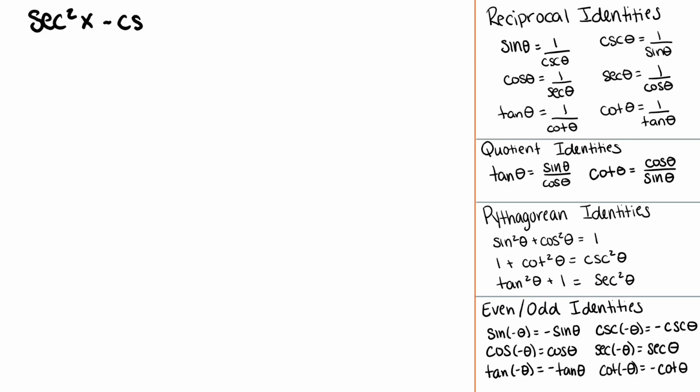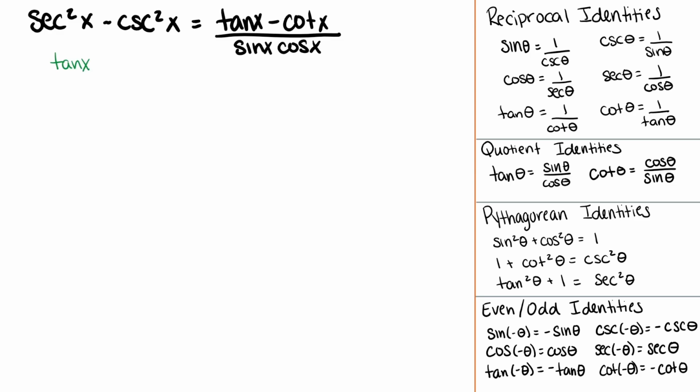Secant squared x minus cosecant squared x equals tangent x minus cotangent x over sine x cosine x. So again, let's use the right side of our expression because there's more for us to simplify to give us the left side. So if we look at our numerator, we know that tangent x is equal to sine over cosine, and cotangent x is equal to cosine over sine.